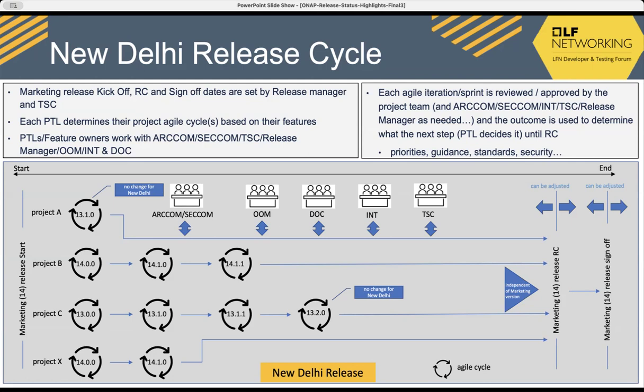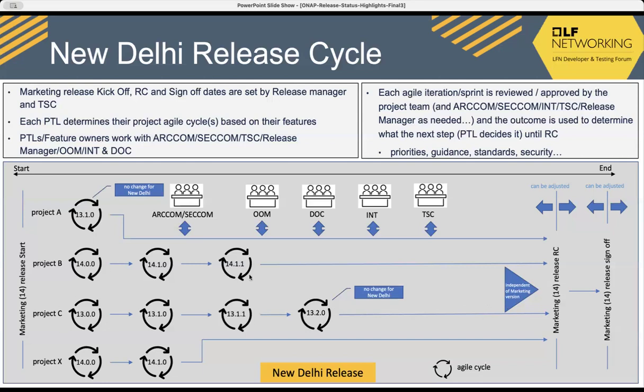And then each agile sprint is reviewed and approved by the project team. Then we take the key learnings from that review and determine what the next step will be until RC. That's the cycle. As you see, if there is no change for New Delhi, it's okay staying at 13, and if this is a new change for New Delhi, that's fine.